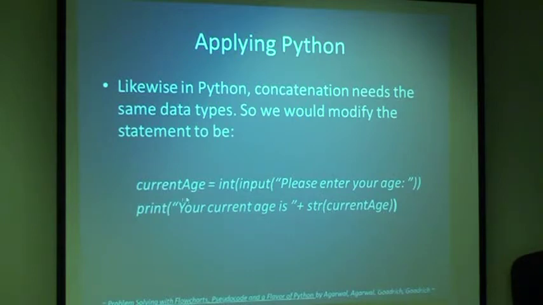So once again, why do we need str in Python? First of all, you need to have parentheses for a print, and then you can't combine a string with a number. Okay, you've got to follow the rules of Python. In pseudocode, it doesn't make any difference, right?